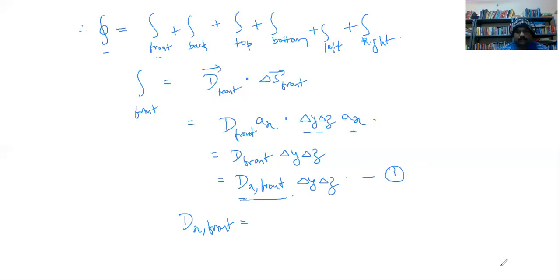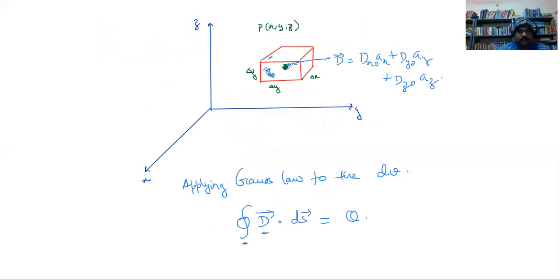First of all, this point P is in the middle. So the flux is coming out like this. How is the flux coming out? Flux coming out is like this from the surface. So initially, what is the flux at the point P?